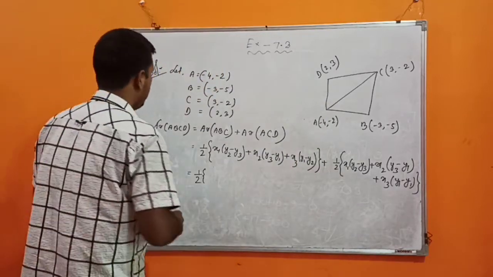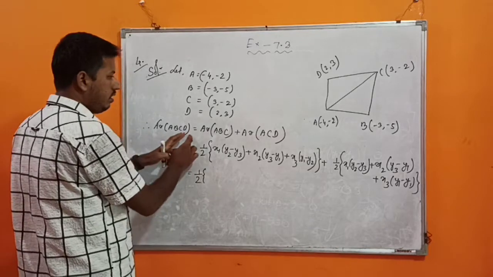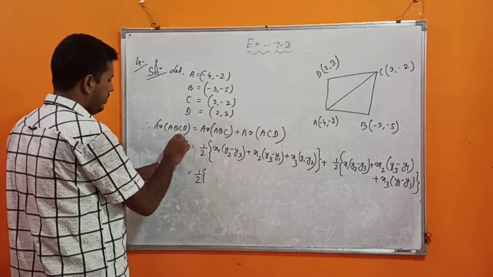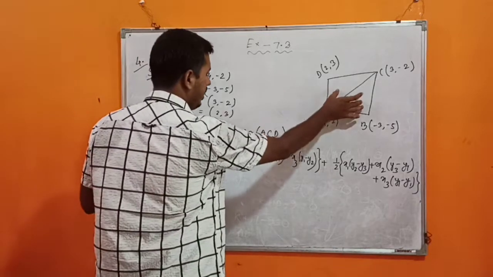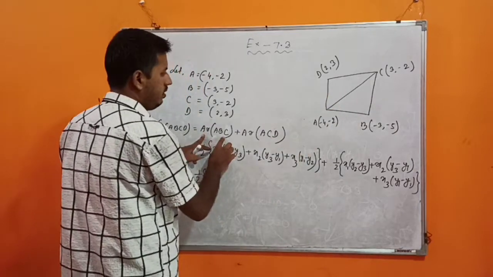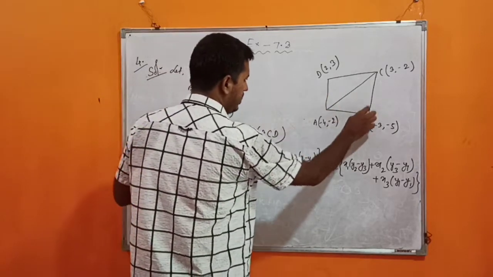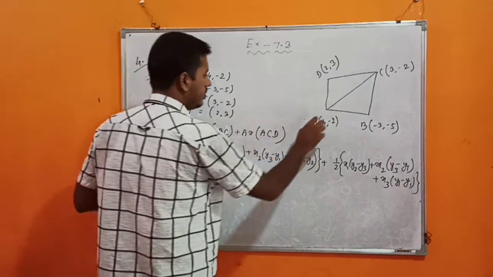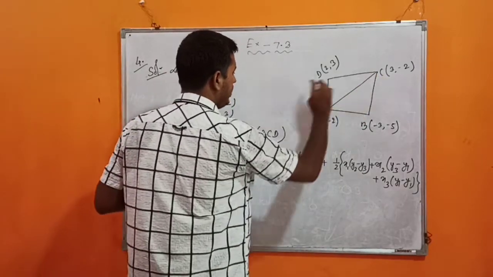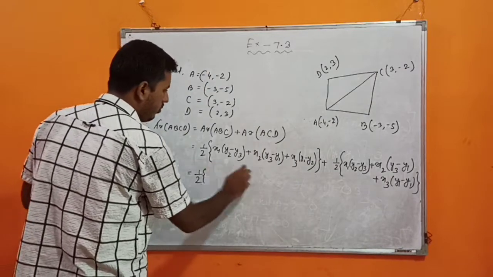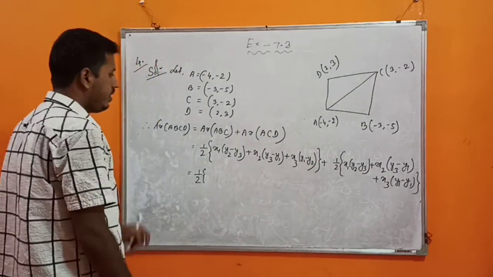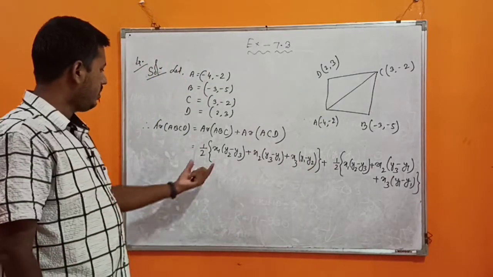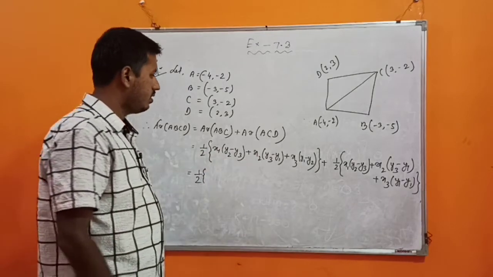So area ABCD, meaning the area of that quadrilateral, equals area of triangle ABC plus area of triangle ACD. This is the formula to find the area of a triangle when three vertices are given.